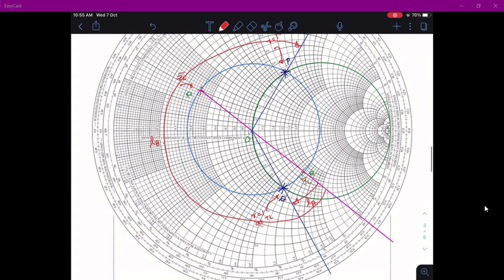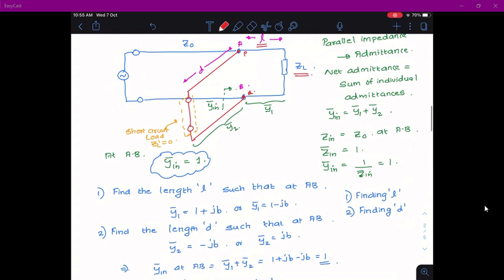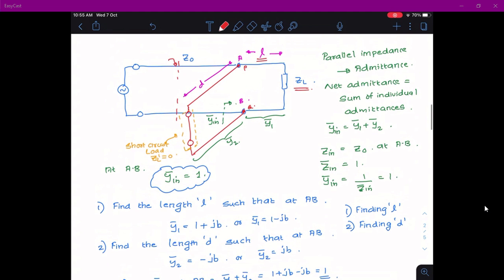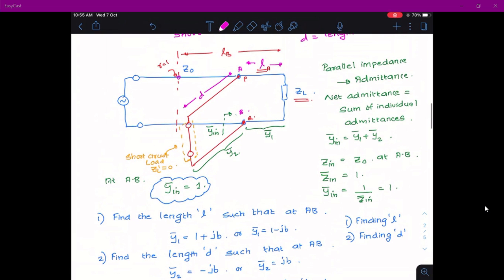That's why this is LA and this is LB, and you can connect the stub either at A, B or at M, N. So that's why you are getting 2 distances.